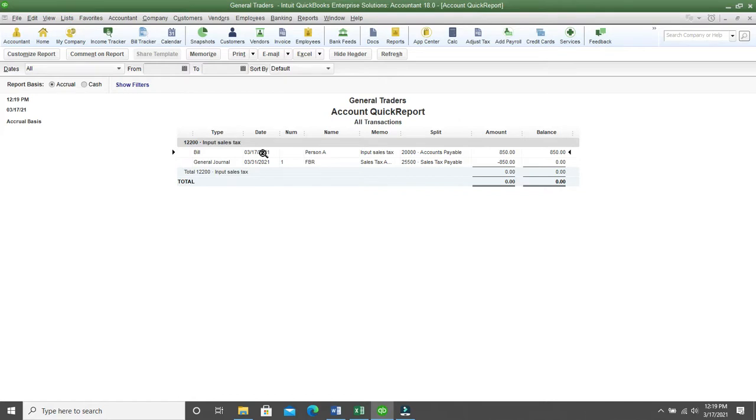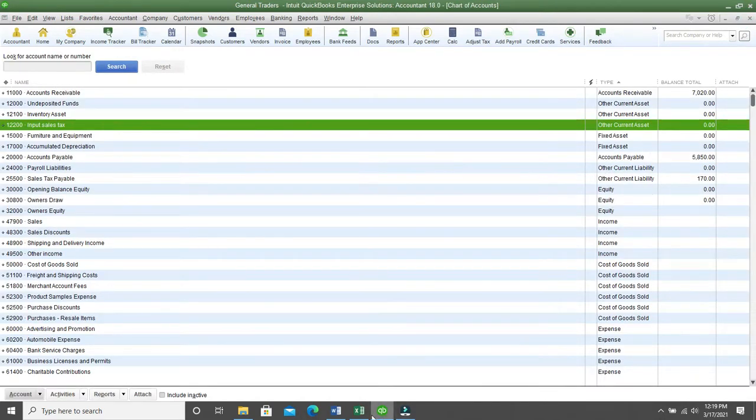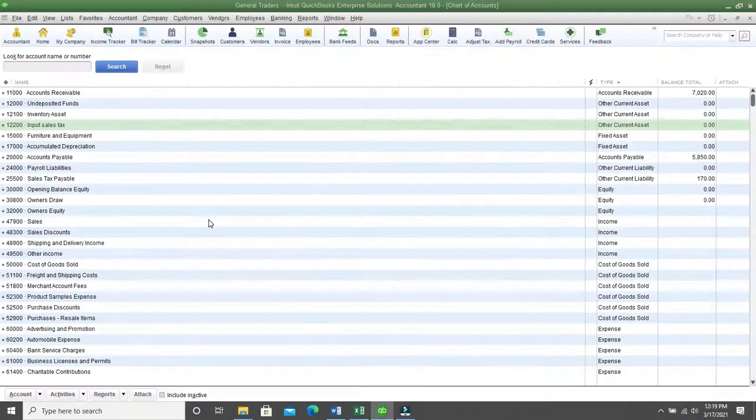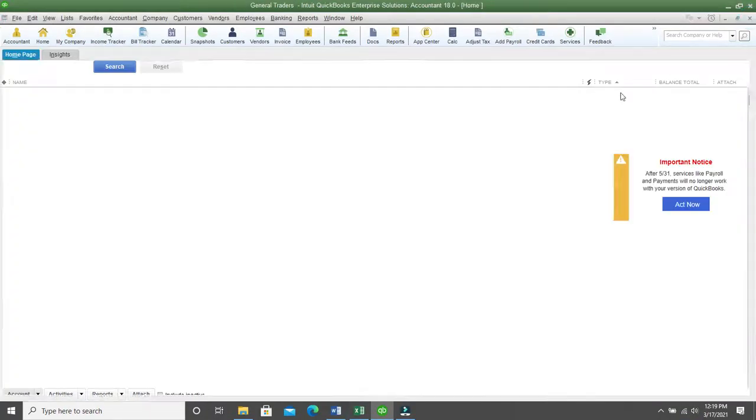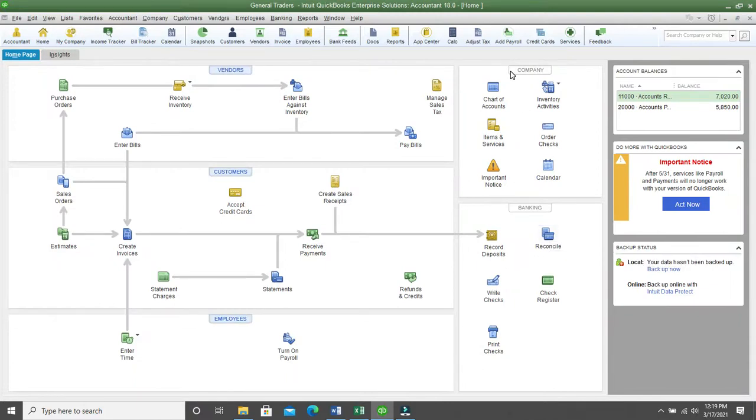On 17th of March I have recorded my input sales tax on my purchase bill, 850, and on 31st March I have adjusted this 850 input sales tax from my output sales tax liability. So my input sales tax is now 0, and I have to pay the government agency 170, which can be paid through write a check or pay sales tax, whatever you want.